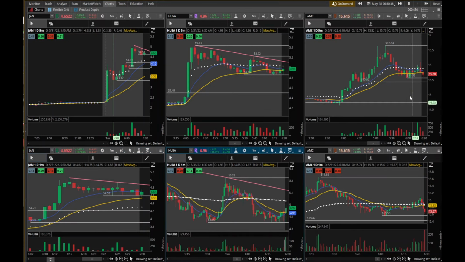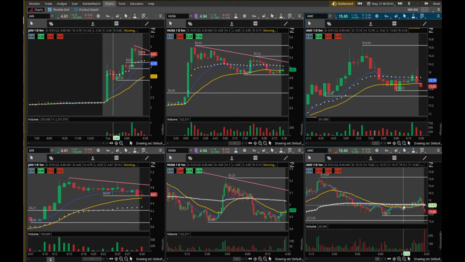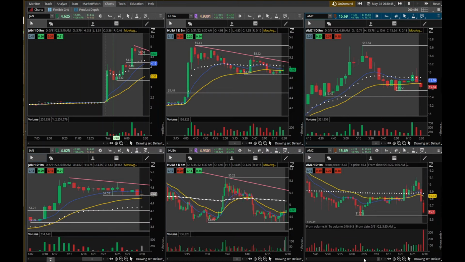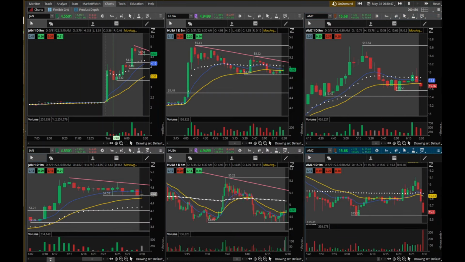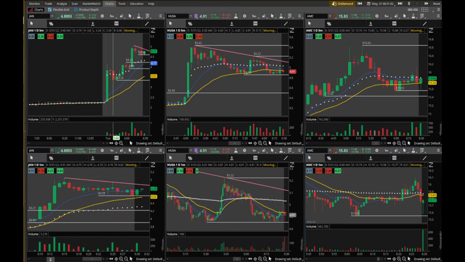And AMC pulling back to its support down here. Candles on AMC are freezing up a little bit. I might try to buy off of that support, but right now with the candles the way they are, that's going to make it a little difficult for me to see where my trade should be. So unfortunately, I'm not going to take a trade yet on AMC.